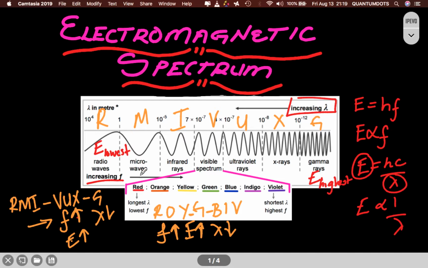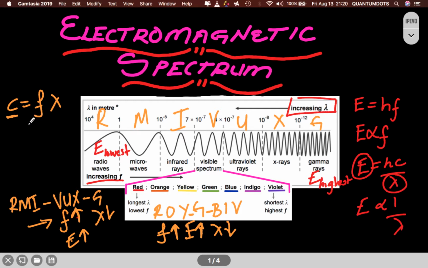Now, there is also another thing that you need to know as far as the speed of light, or the speed of the electromagnetic radiation, is concerned in the vacuum. If you want to calculate the speed of light in a vacuum, you should use this equation here. The speed of light in a vacuum depends on the frequency and the wavelength.